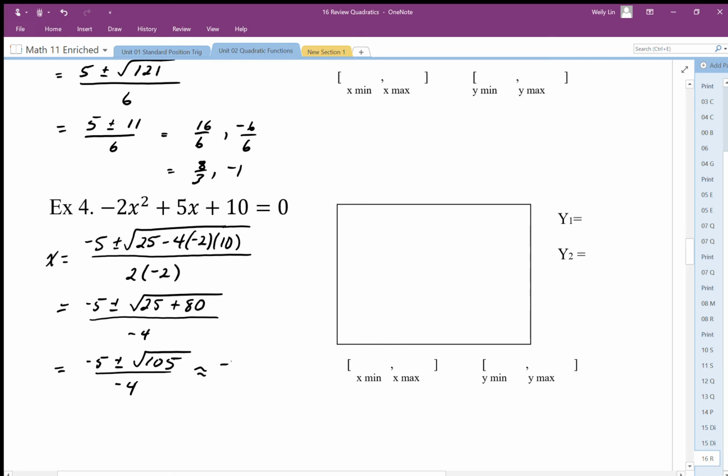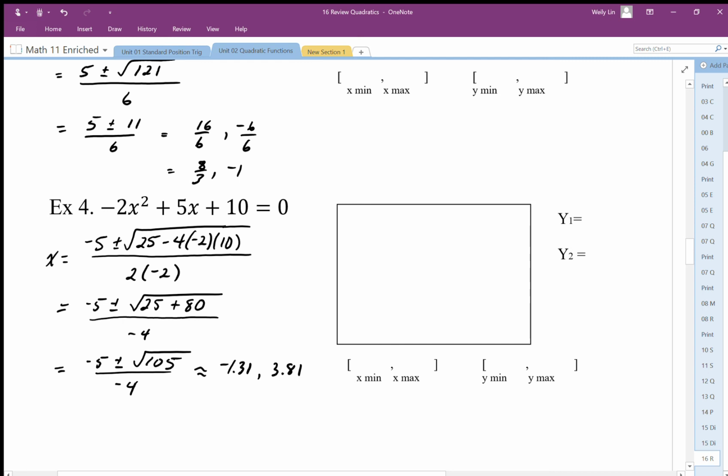So negative 1.31 is one of the decimal values, and I'm going to do the same thing, except now it's going to be negative 5 minus the square root of 105, and I'm going to get positive 3.81. Okay, so those are my decimal values.